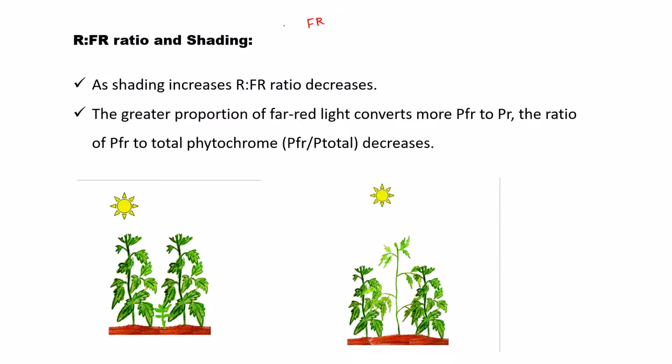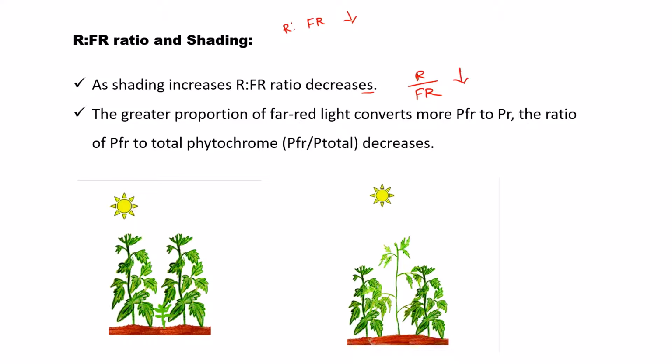That's why the red to far-red ratio is low in shading. As shading increases, the red to far-red ratio decreases. In shade, far-red light is more, that's why the red to far-red ratio is decreasing.